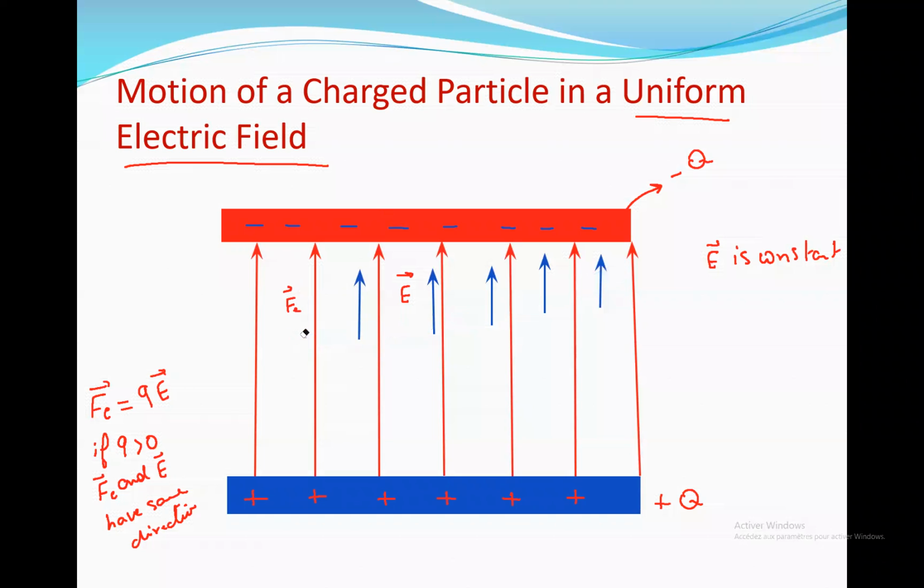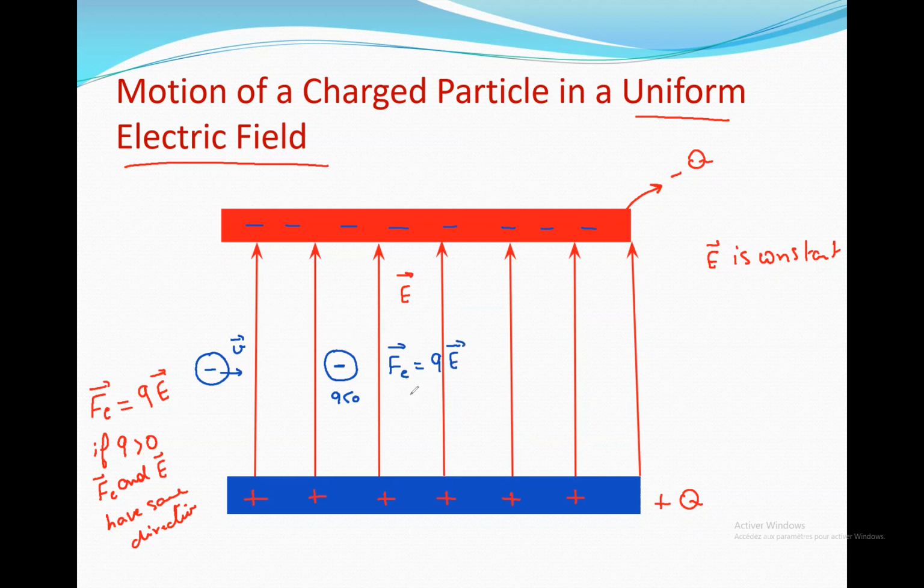If Q is negative, initially with a velocity v inside the field, this negative charge Q will create electric force Fe equal Q times E. Q is negative, so Fe and E have opposite direction.